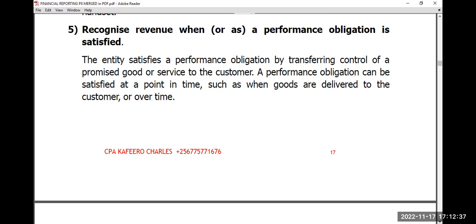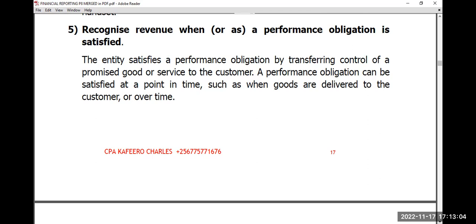But what we are trying to look at here is that when you have supplied the items and the customer has accepted the items, whether the person pays there and then or whether the person doesn't pay, you recognize the revenue there and then because we are using the accrual basis.